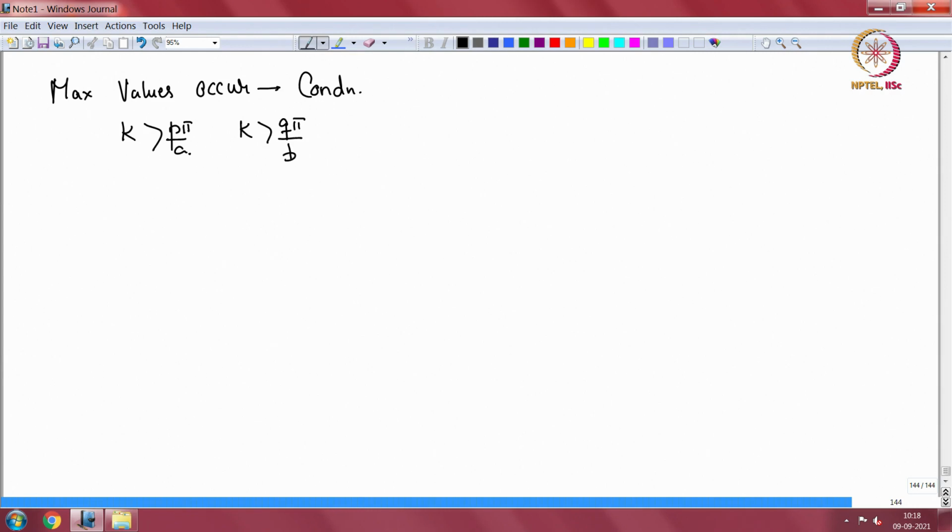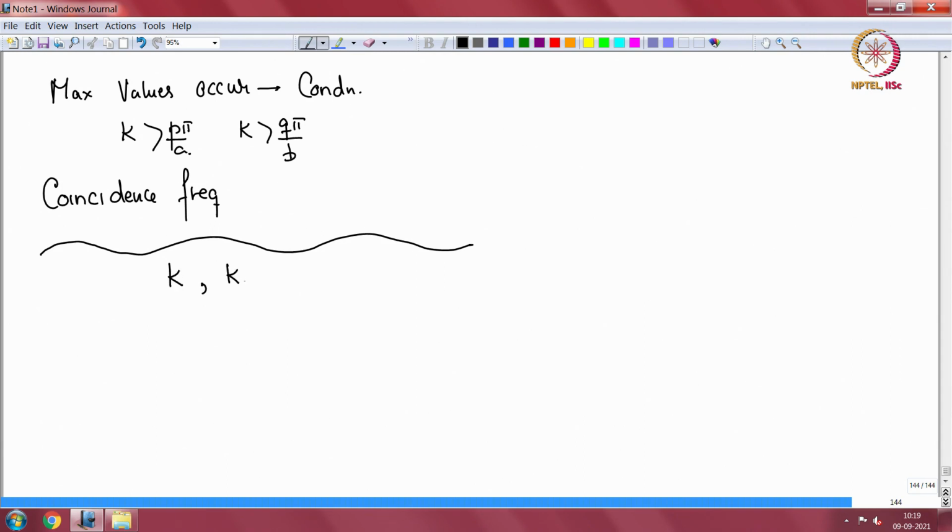So here I would like to clarify one thought. When we spoke of coincidence frequency right in the beginning, in the infinite 1D plate case, we had the fluid wave number and the plate wave number Kp or Kb, and Kb is something like m omega square by d to the power of fourth.